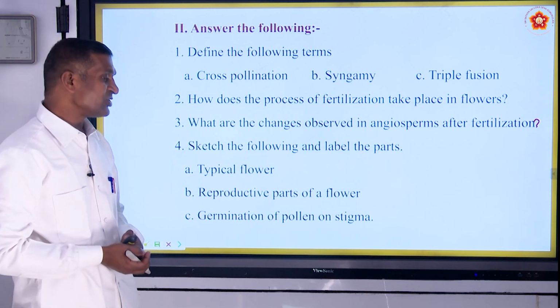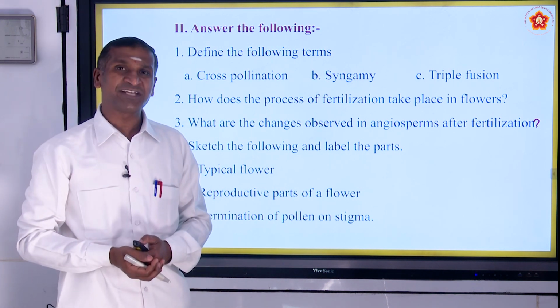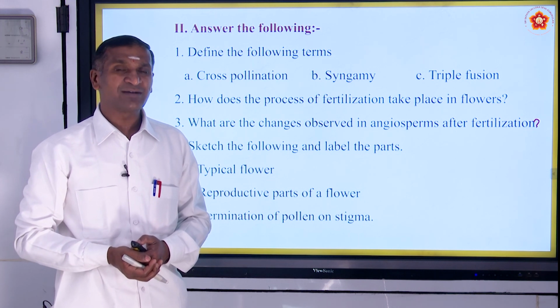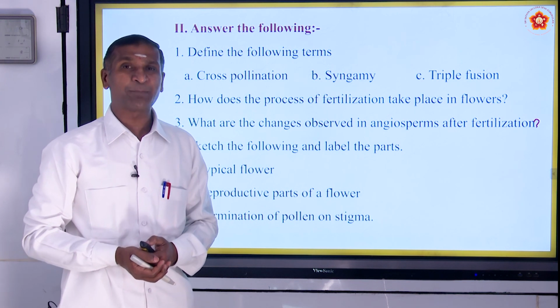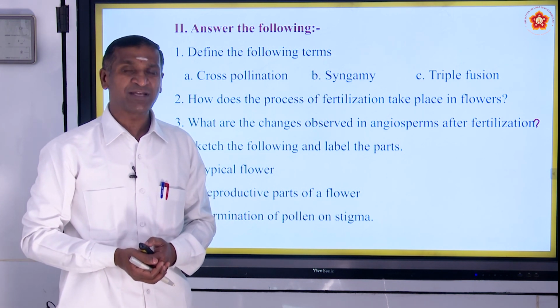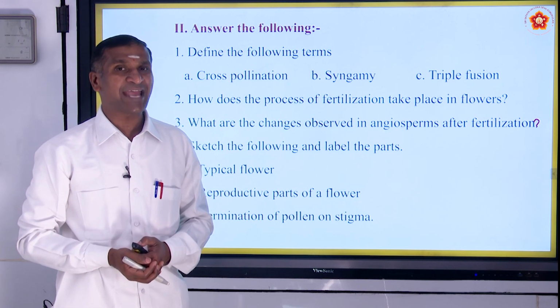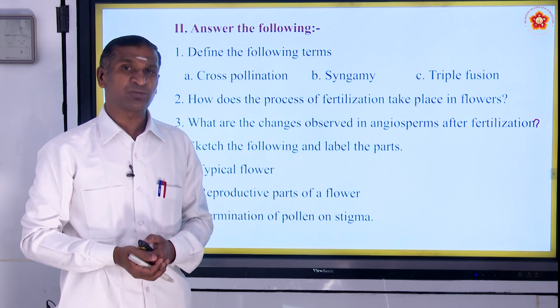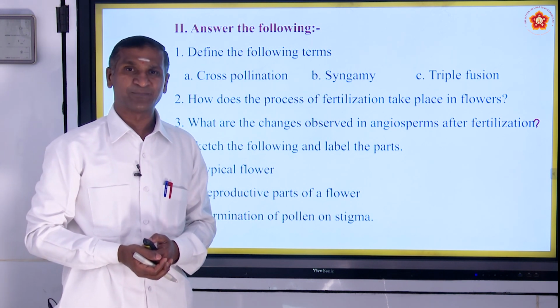The third, germination of pollen on stigma, where you have to draw the fertilization process in which the pollen tube is being grown, and depict the parts where the syngamy and also the double fertilization or the triple fusion is taking place.